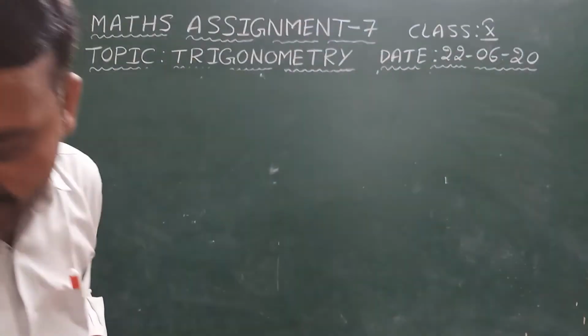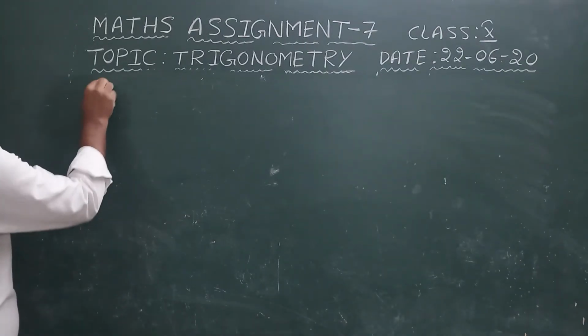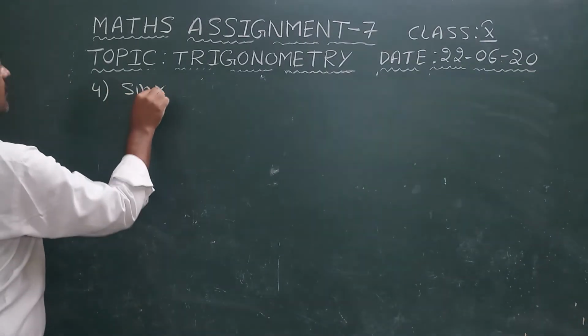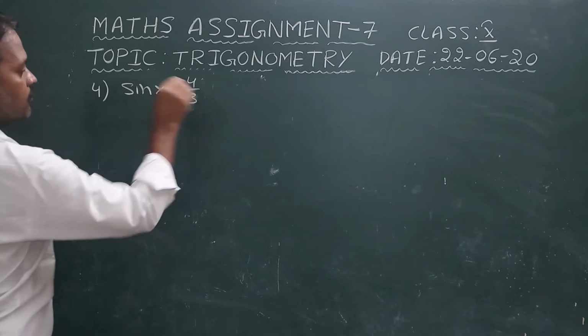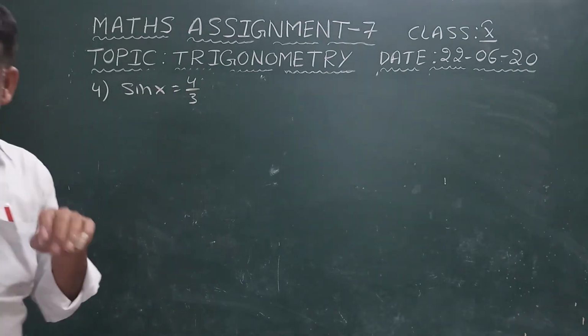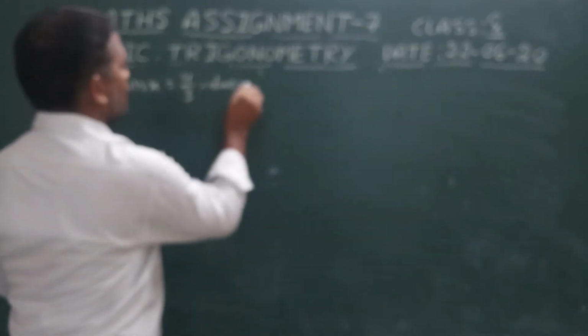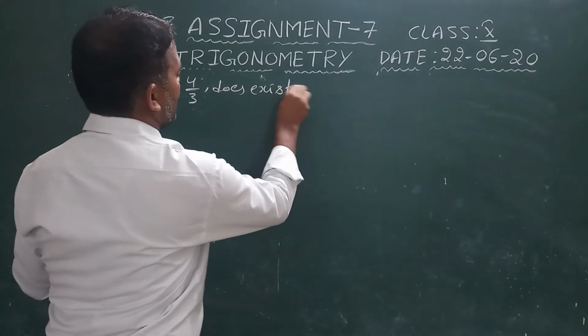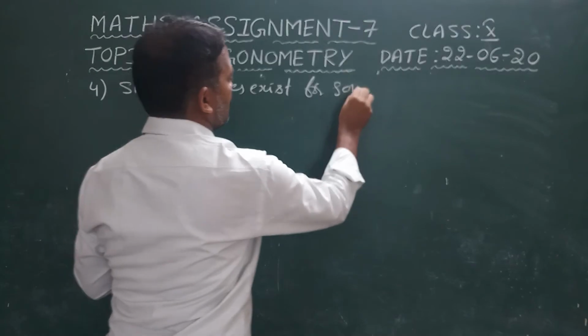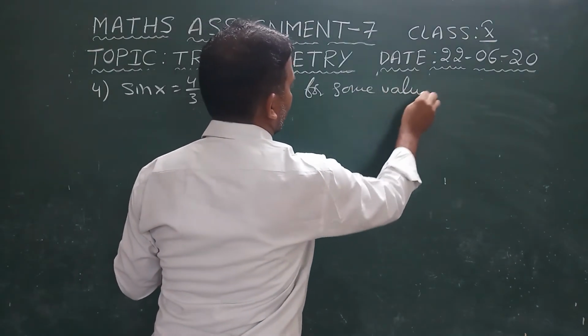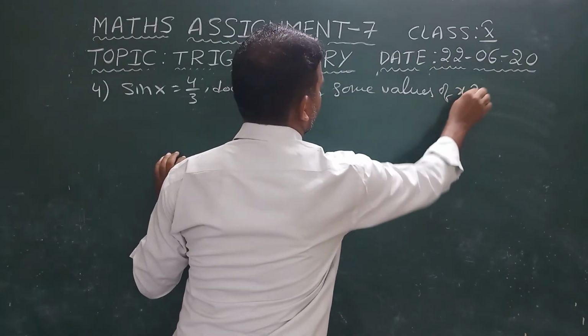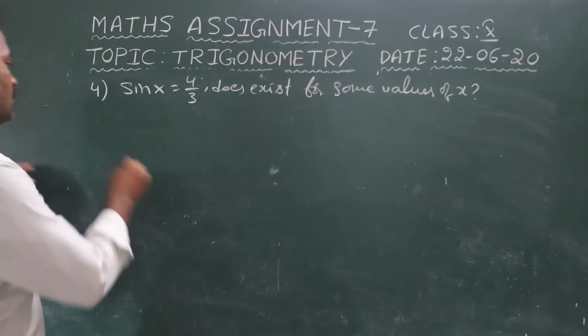The fourth question is: sin x is equal to 4 by 3, does it exist for some values of x?